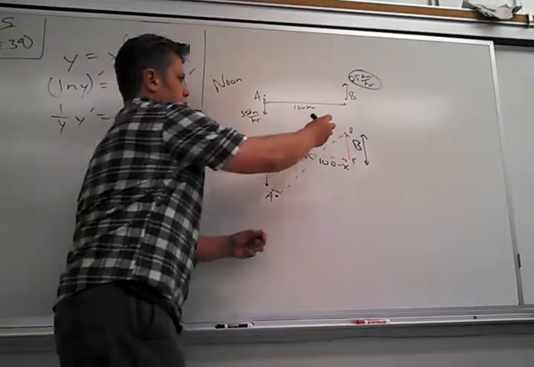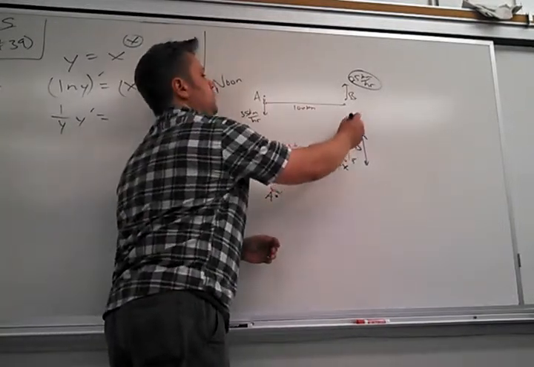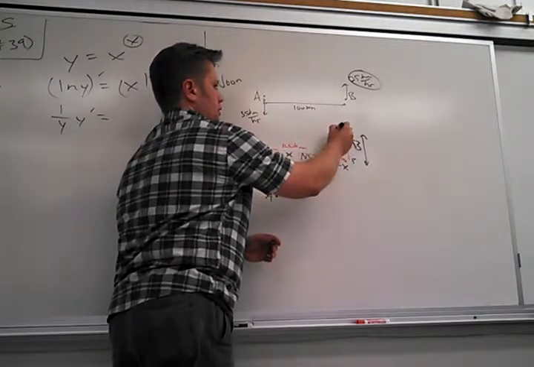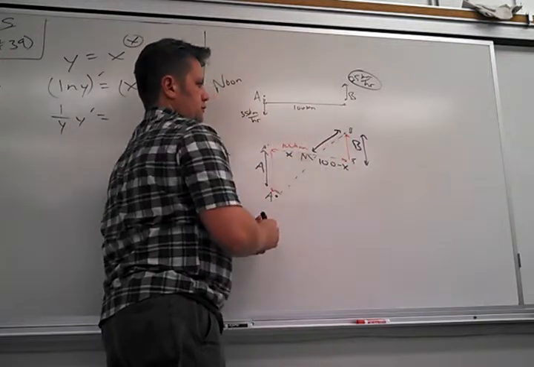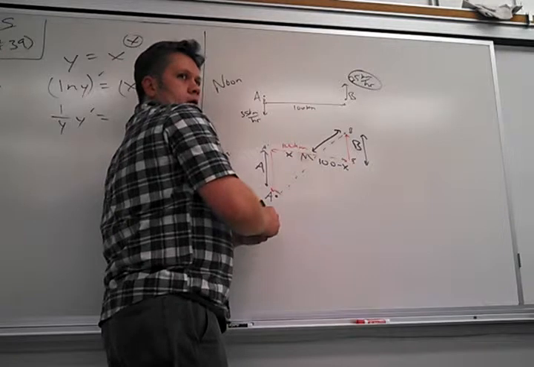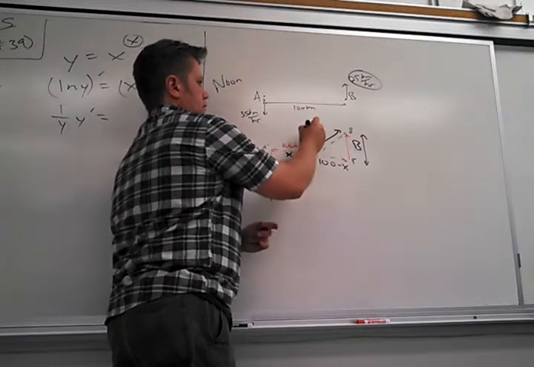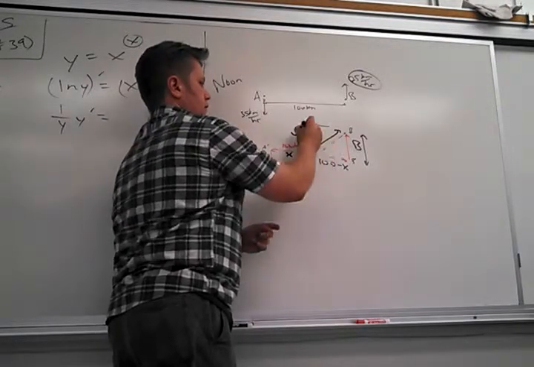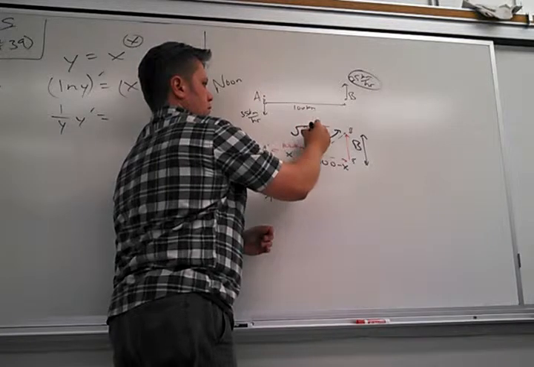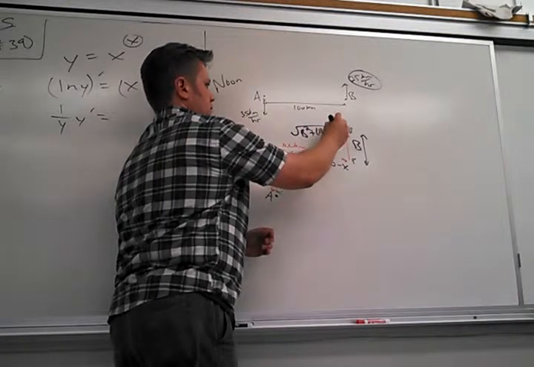So what would this piece be here? This right here for that triangle. H. That would be the square root of b squared plus 100 minus x squared.